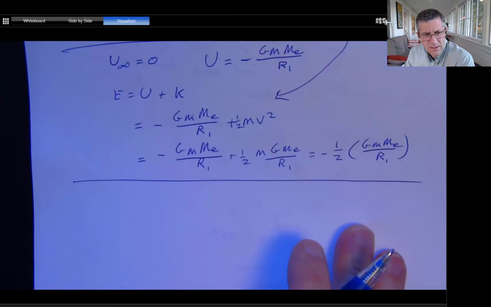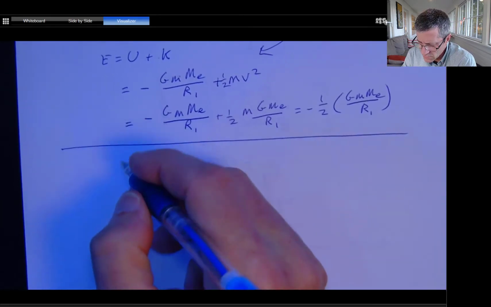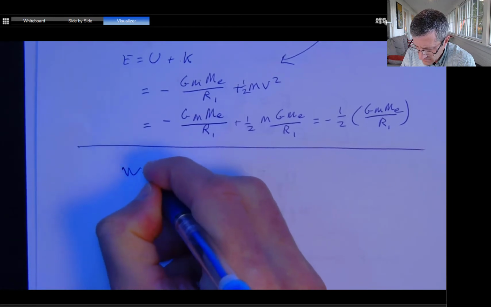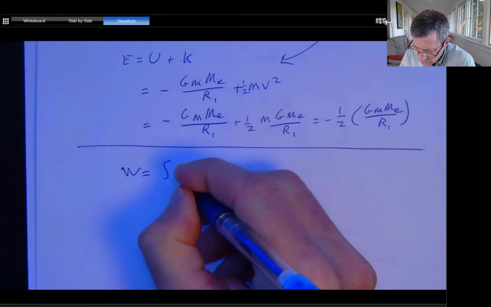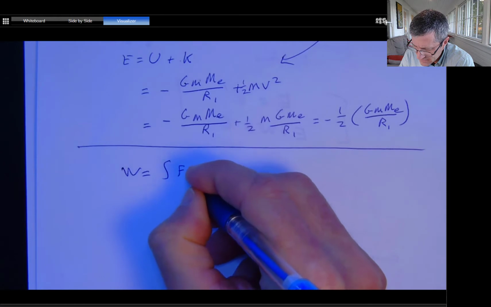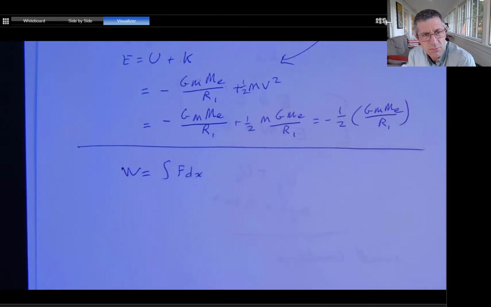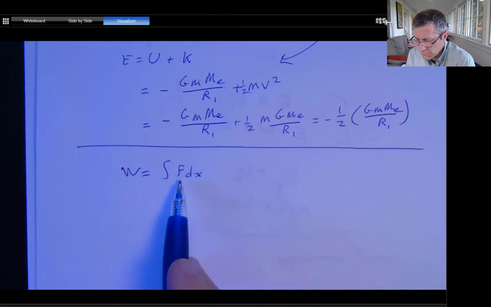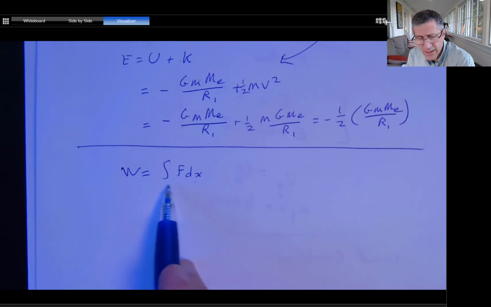Next part. I know work is going to be the integral of F dx, right? So it is my force times distance, and this is my calculus version of that.